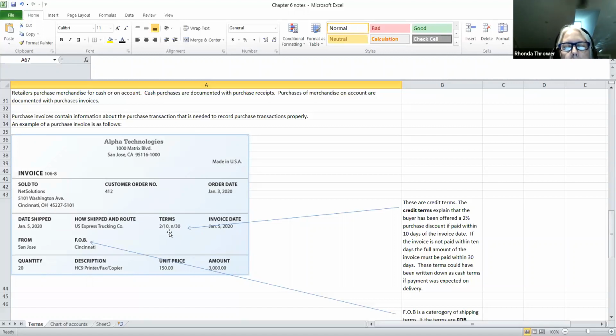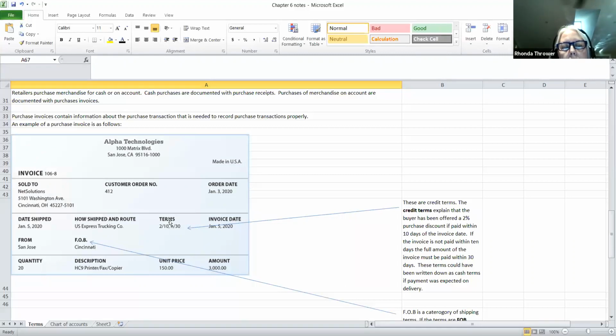Notice there's a comma there, and then there's an N that stands for the net amount is due in 30 days. That /30 means that the full amount has to be paid in 30 days. But if the buyer pays within 10 days, they get a 2% discount. If they don't pay within 10 days, they have to pay the full amount of the invoice in 30 days. So the terms are very important here. And these are what we call credit terms.